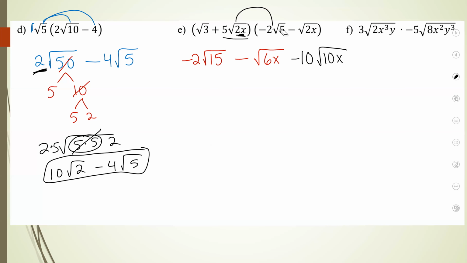Final thing to multiply. I'm now going to do this one times the last one. So this is a positive 5 and a negative, you can imagine a 1 there. So 5 times negative 1 is negative 5. And under the square root symbol, we have 2x times 2x. 2 times 2 is 4. X times x is x squared.